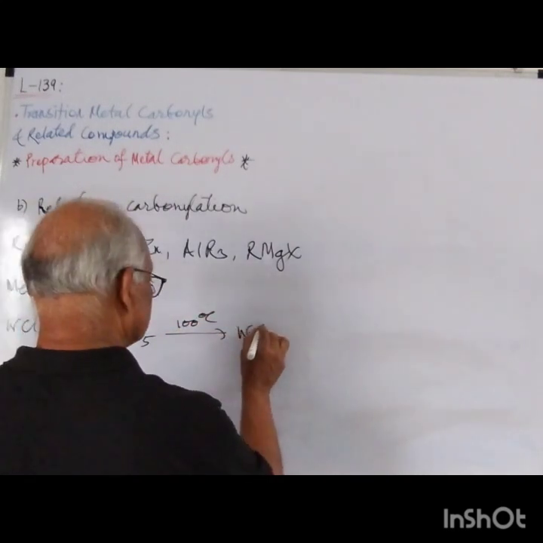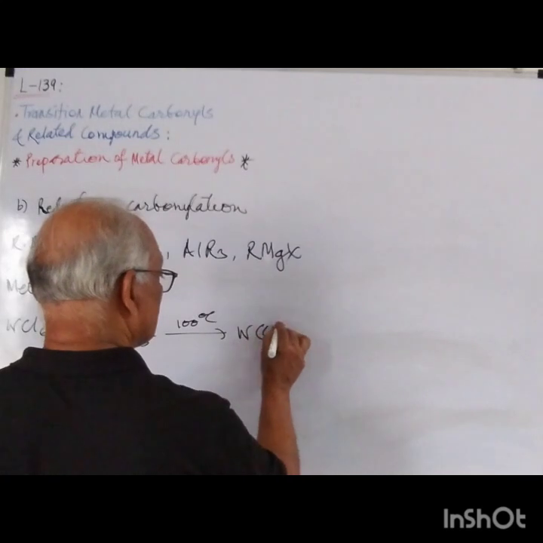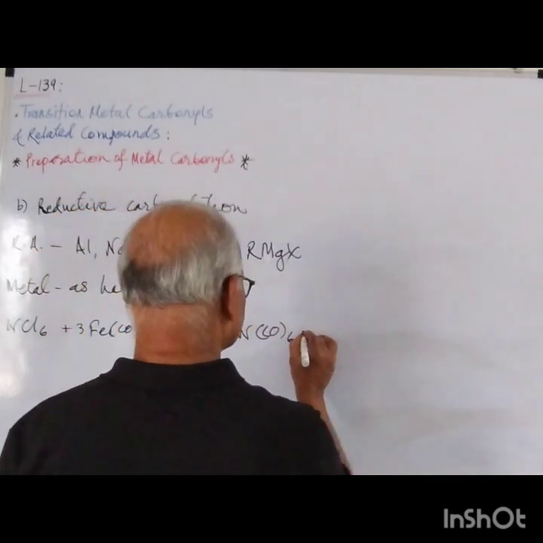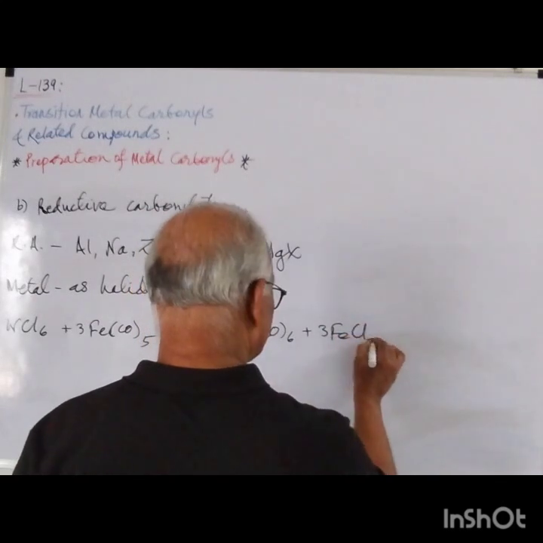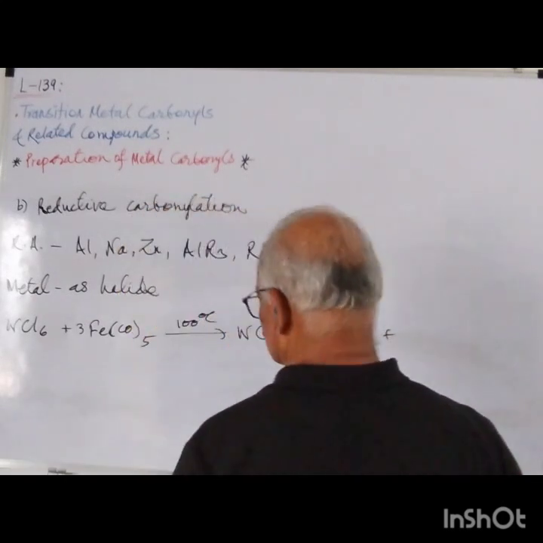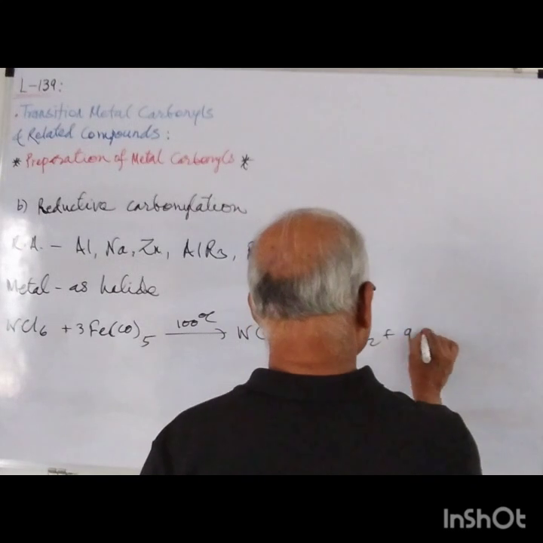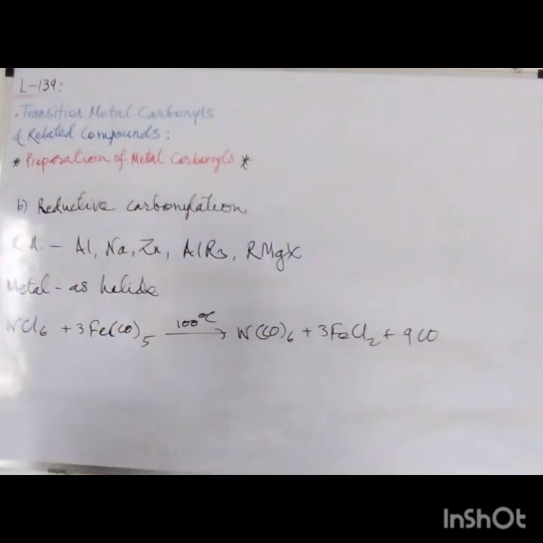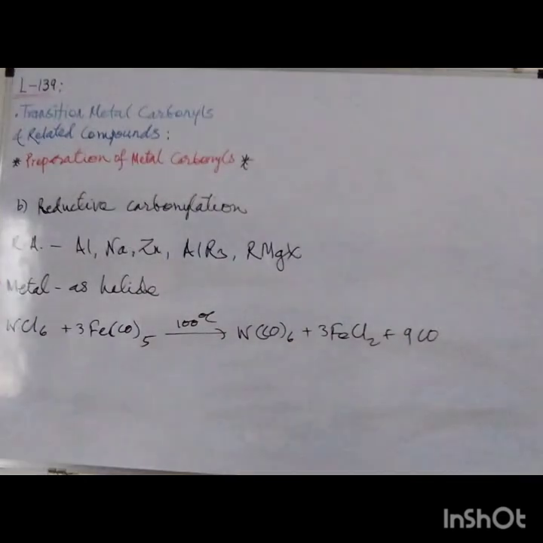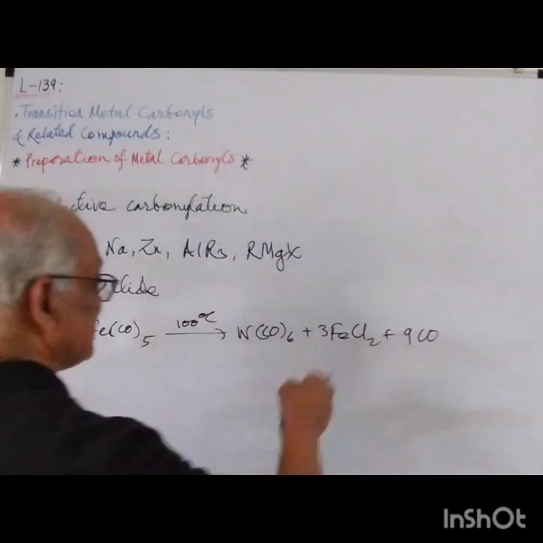It gives W(CO)6 plus thrice FeCl2 plus 9 CO. So in this way we can make use of the metal halides.